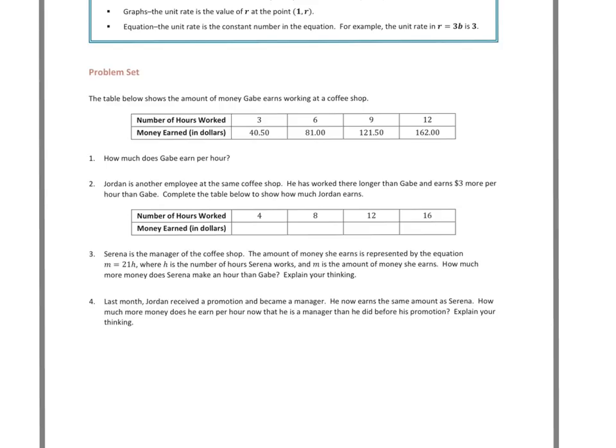So for the problem set, it says the table below shows the amount of money Gabe earns working at a coffee shop. So for 3 hours, Gabe earns $40.50. How much does Gabe earn per hour? So we know that Gabe makes $40.50 for 3 hours. We need to divide that out to get it to 1 hour.